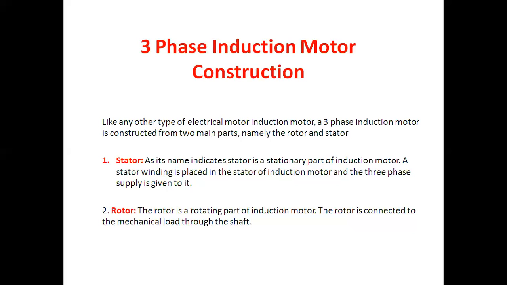So a three-phase induction motor is constructed with two main parts. One is the stator. The name suggests that the stator is the stationary part of a three-phase induction motor, and a stator winding is placed in it, and the three-phase supply is given to it. And the other is the rotor.